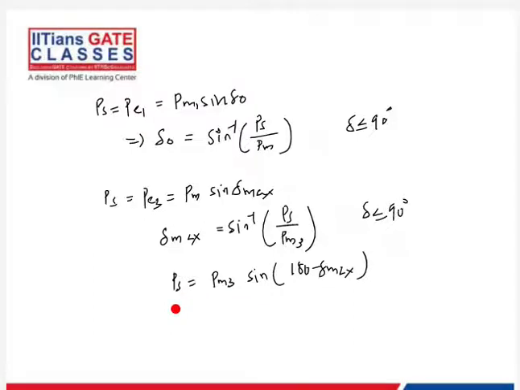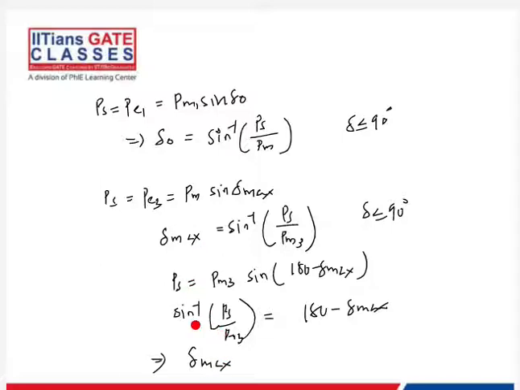So sine inverse of PS by PM3 will be equal to 180 minus delta max, and this is if the operating point is beyond or near 180 degrees, greater than 90 degrees.